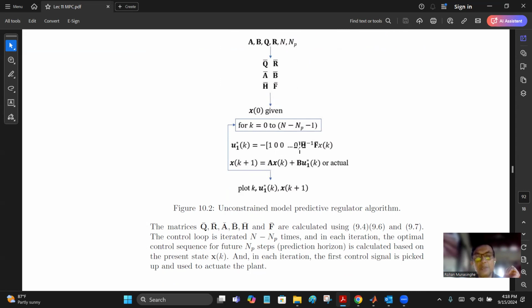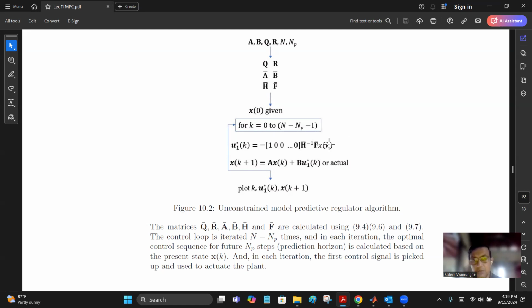Then at each step you calculate the optimal controls with xk. xk is not x0 now. xk is the present state. Initially it is x0, but now it is xk. This is the difference compared with what we had earlier. Earlier it was x0, remember?